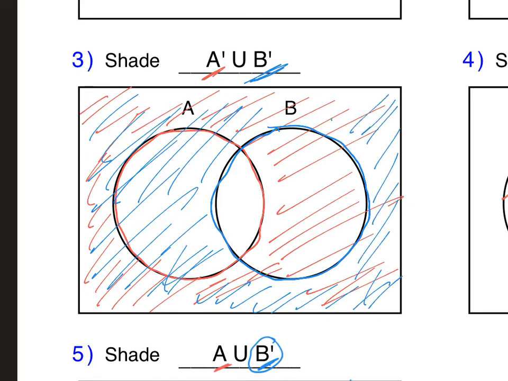And this is the OR operator, or the union operator, so I want everything that was shaded. What was shaded? It's this portion that is in set A but not set B, this part that's in set B but not set A, and the part that's in neither of those two sets. The only thing that is not shaded is this portion in the middle.